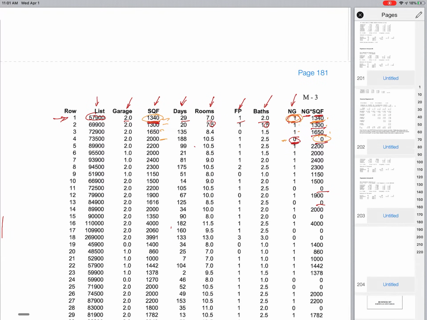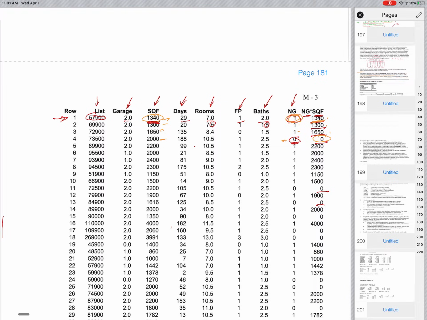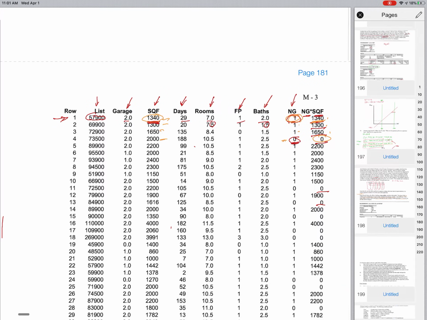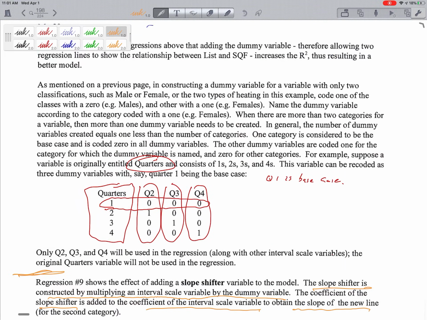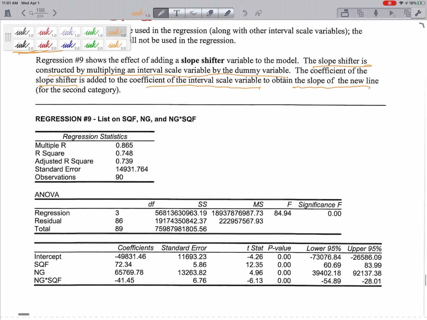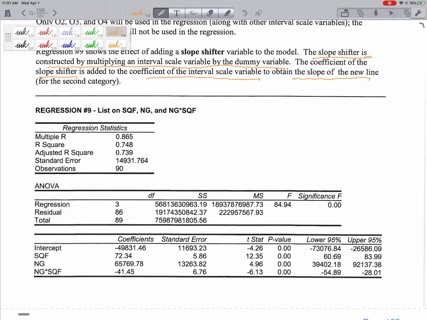We're looking at right in here. Okay, so regression number 9 is taking a look at the listing price of a house on SQF with the dummy variable, and now also with the slope shifter. And we end up with this down here. Now, watch what happens to the R-squared value.